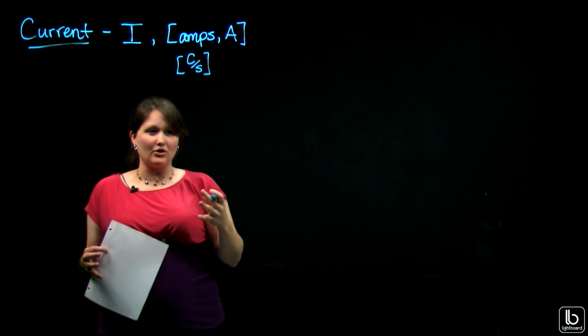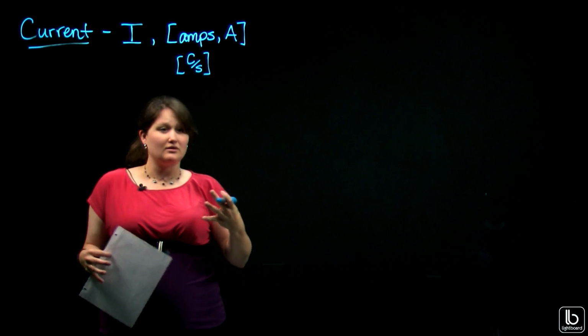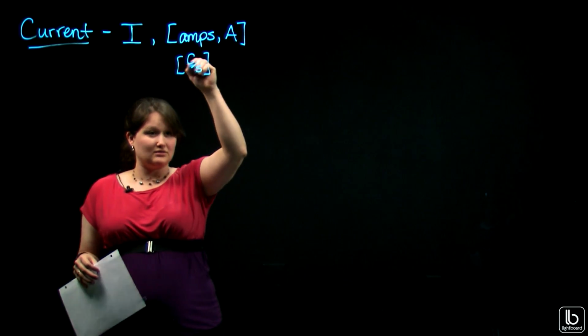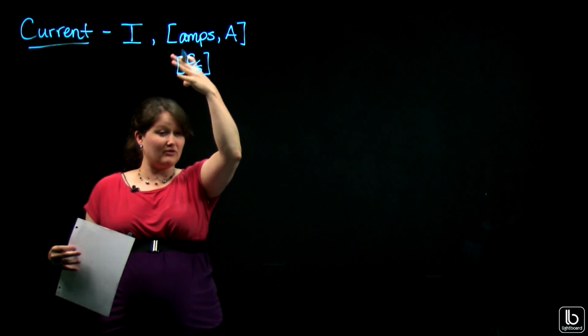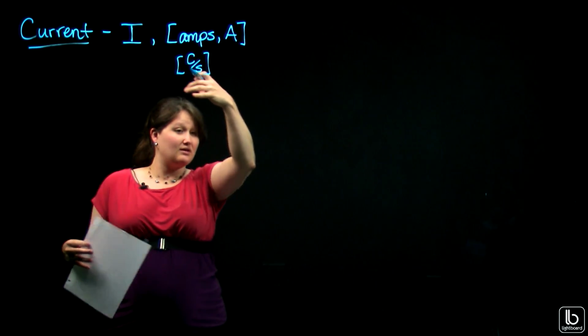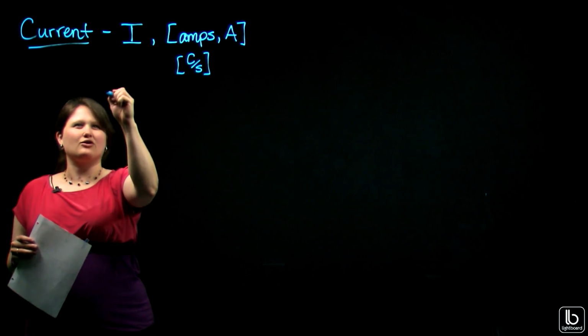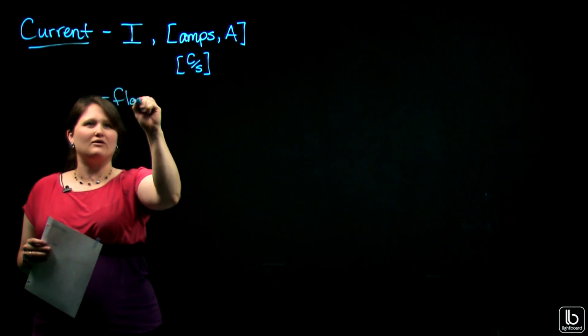Now, if we remember our units of charge, that should make sense. If we're saying this is a flow of charge, that's my coulombs, the number of charges flowing in a given time, coulombs per second.